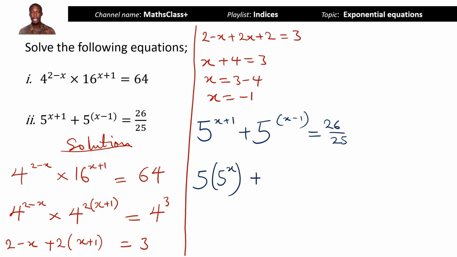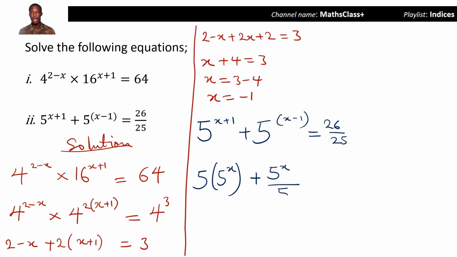Then in the second term, we have a similar situation, but this time it is division. So 5 to the power x divided by 5 to the power 1, which is also 5. And this is equal to 26 over 25. Okay, so now I have an LCM of 25. I'll multiply through.